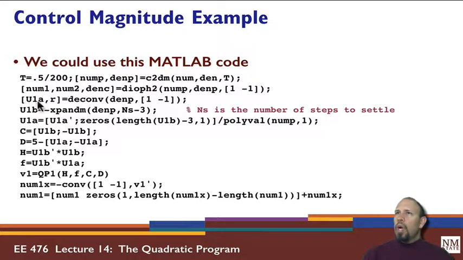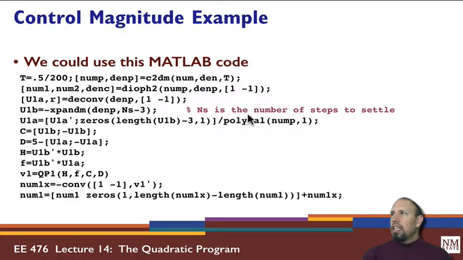To find U1A, I can use this command, the deconvolve of den P with 1 and minus 1, which is kind of an interesting thing that you can do. The deconvolve is like dividing, polynomial division. U1B can be found by using the expanded matrix of den P, and this is how much we need to expand it by.